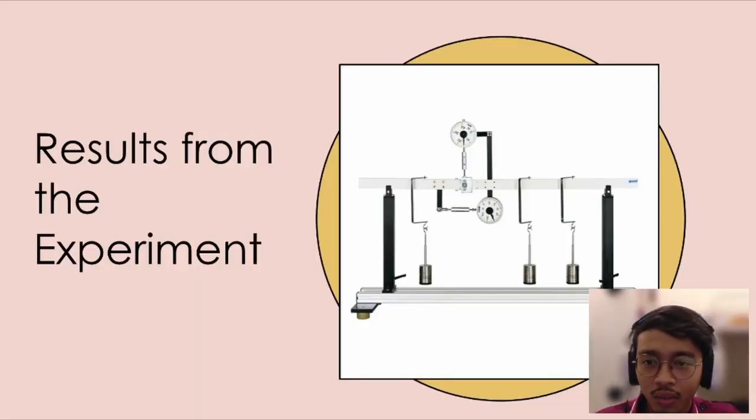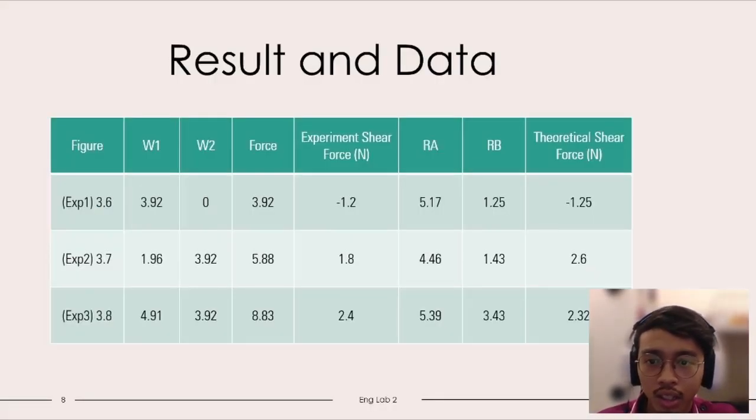Next is the result from the experiment. This is the result and the data for experiment 1, which is figure 3.6. The experimental shear force value is negative 1.2, and the theoretical shear force we get is negative 1.25.